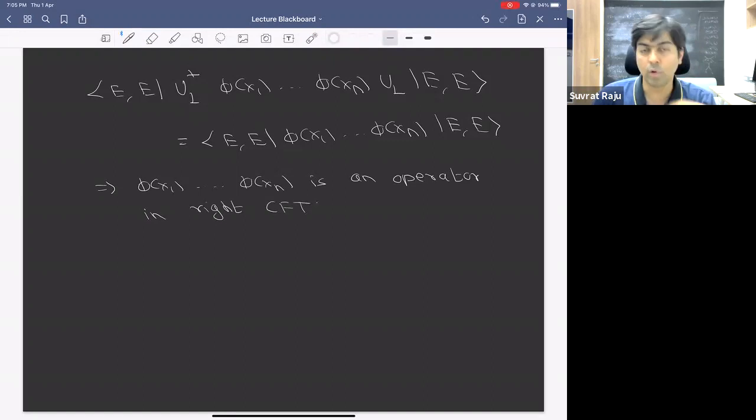If there's no wormhole, then this matrix element should be totally unchanged. You can act with whatever unitary you like. You can take the energy eigenstate and turn it into a vacuum, or you can act with some very violent unitary, but it should just not be able to do anything to this observer on the right. And if that is the case, then that leads us to the conclusion that phi(x1, ..., xn) is an operator in the right CFT.